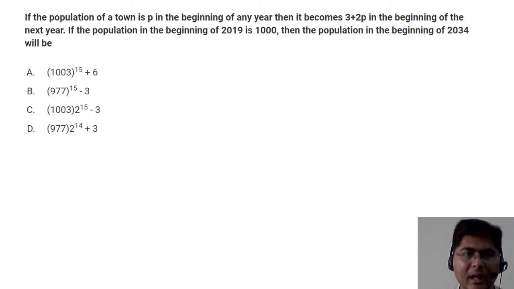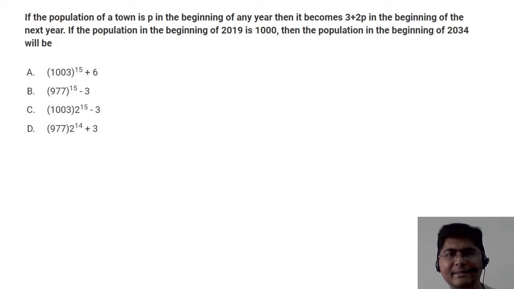A, 1003 to the power 15 plus 6; 977 to the power 15 minus 3; 1003 multiplied by 2 to the power 15 minus 3; and 977 multiplied by 2 to the power 14 plus 3.